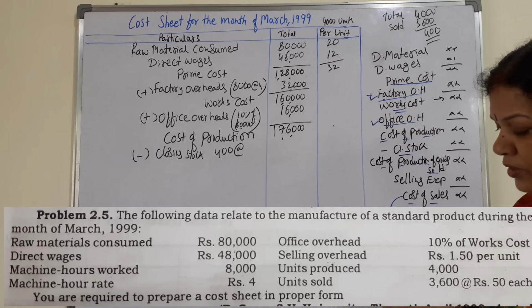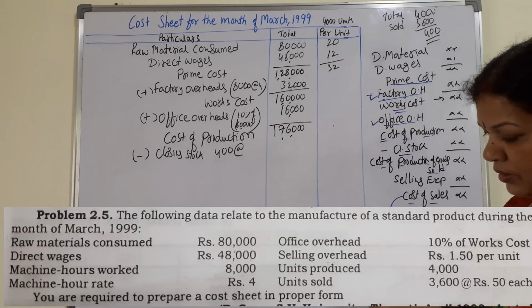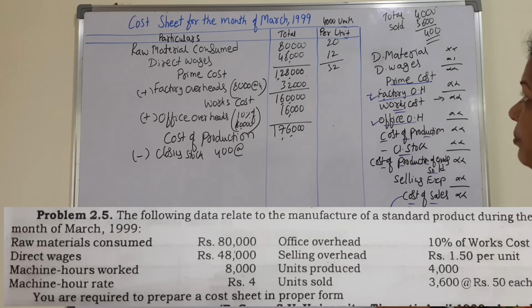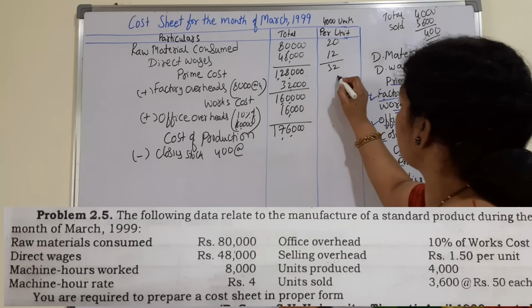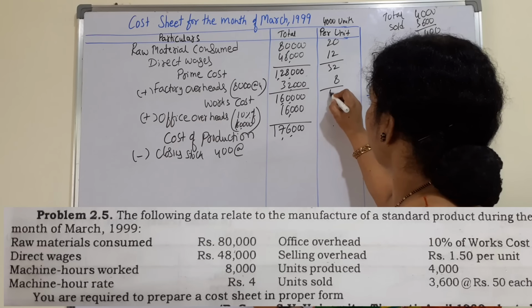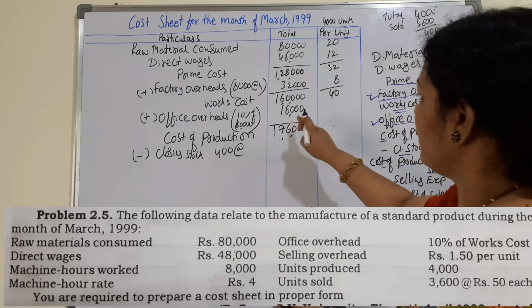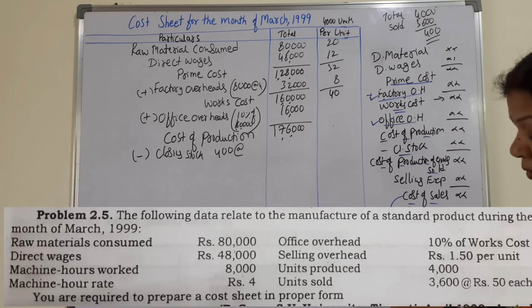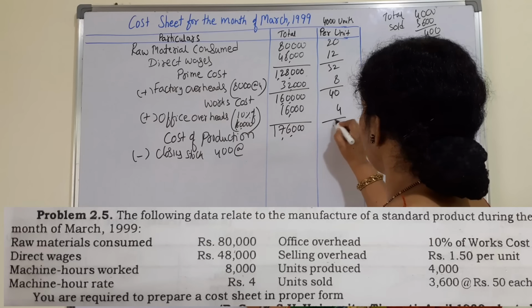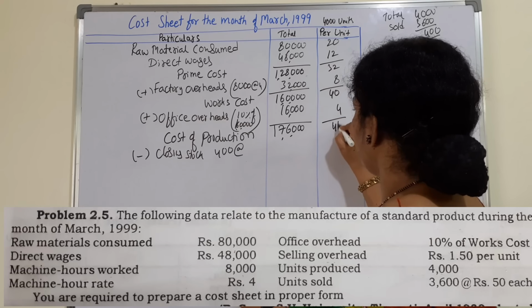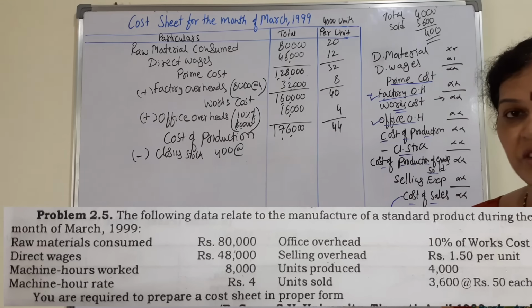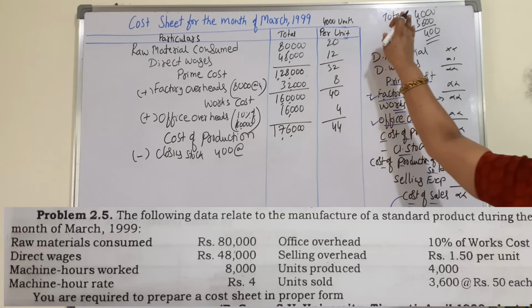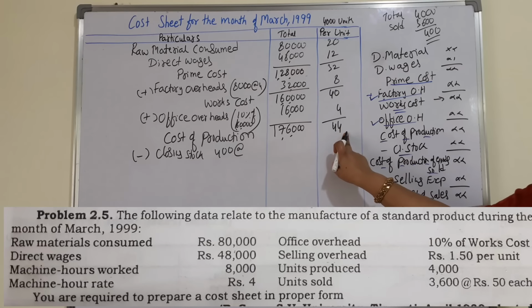And this one, 32,000 divided by 4,000, 8. So if you add, we will get 40, and 16,000 divided by 4,000 is 4. It means if you add it, you will be getting 44. So closing stock 400, you know, at the rate of 44.